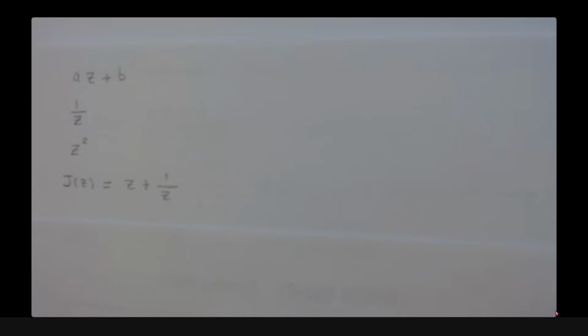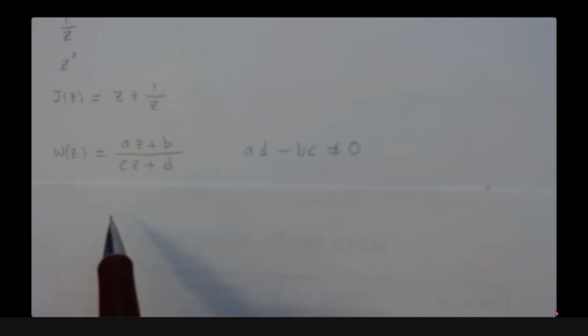we talked about 1 over z, the reciprocal function, and also z square. And last Wednesday, I talked about Joukowski's airfoil, which is z plus 1 over z.